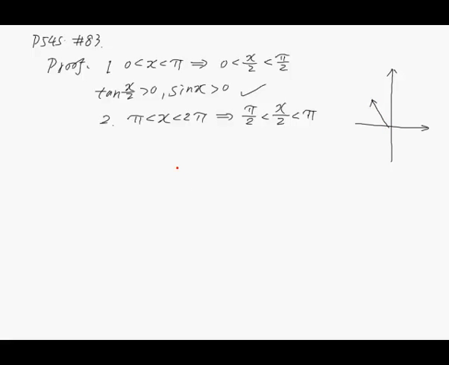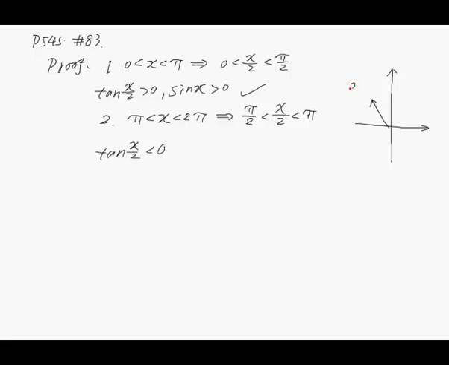So in quadrant 2, we know the tangent of half x is negative, right? Tangent of half x in quadrant 2 is less than 0, okay?